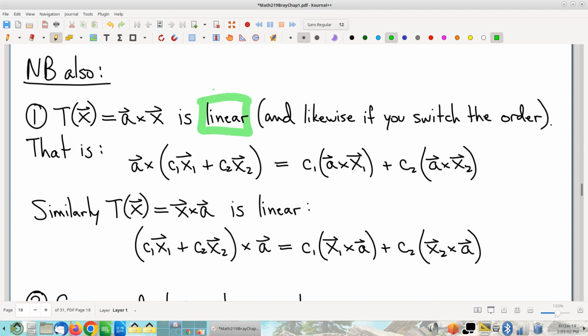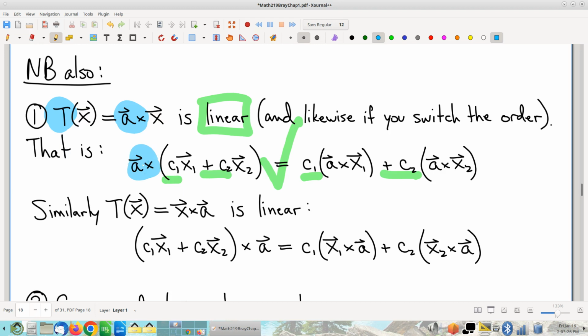Linearity means, as we've discussed before, that a linear combination on the inside corresponds with a linear combination on the outside, right? And that you get the same thing either way. That's what linearity means. Notice how the function is appearing here. T is represented by a crossing with whatever.